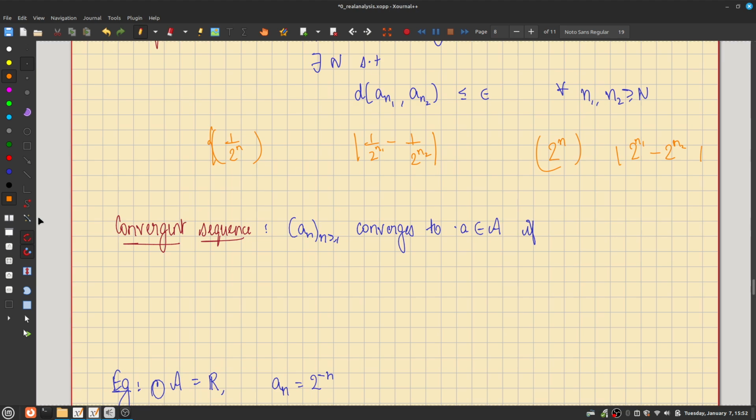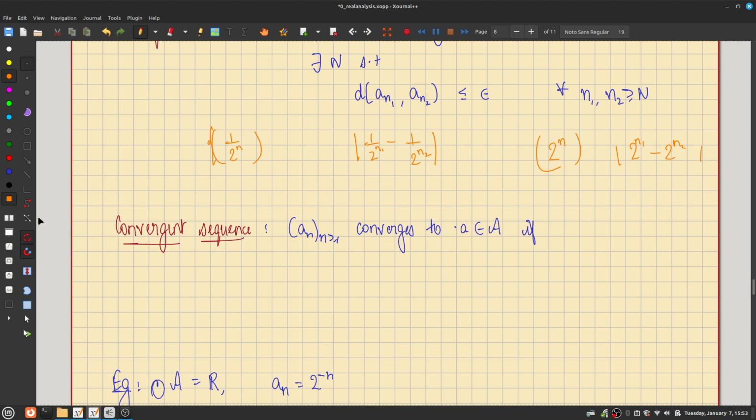If it works for one particular metric d, is it necessary that it works for every other metric? Not necessarily. Metrics can get really weird, because I can define a metric that is very different from the Euclidean metric.